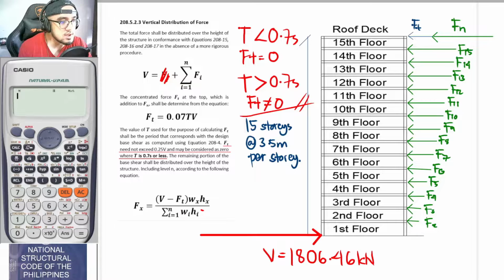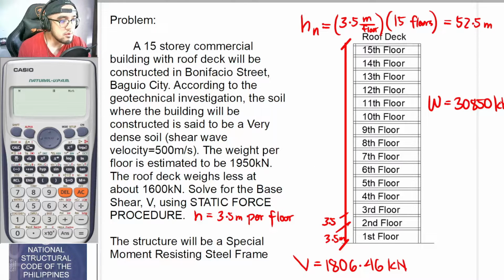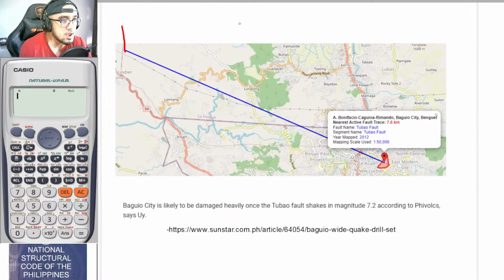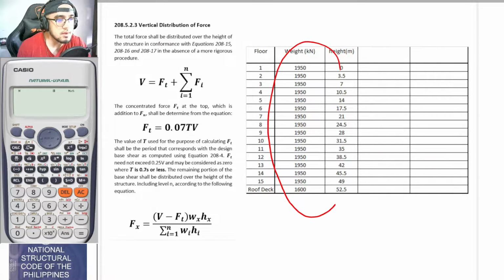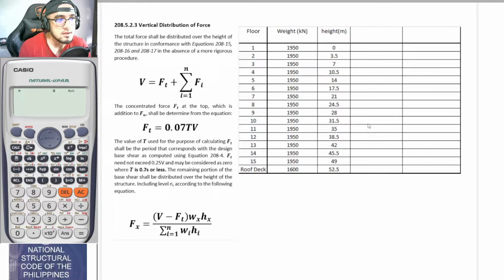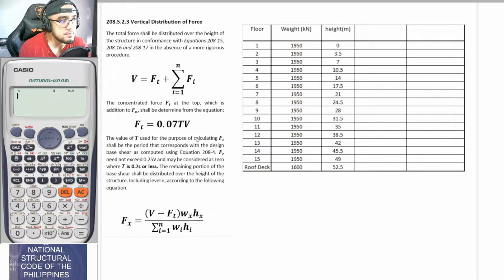So it is dependent upon the relative height and the weight of each story. From the previous video, we have already indicated that the weight of the floor is estimated to be 1,950 kilonewtons and the roof deck weighs less at about 1,600 kilonewtons. I have typewritten them in this table. Let me just increase the size for you to see it better.